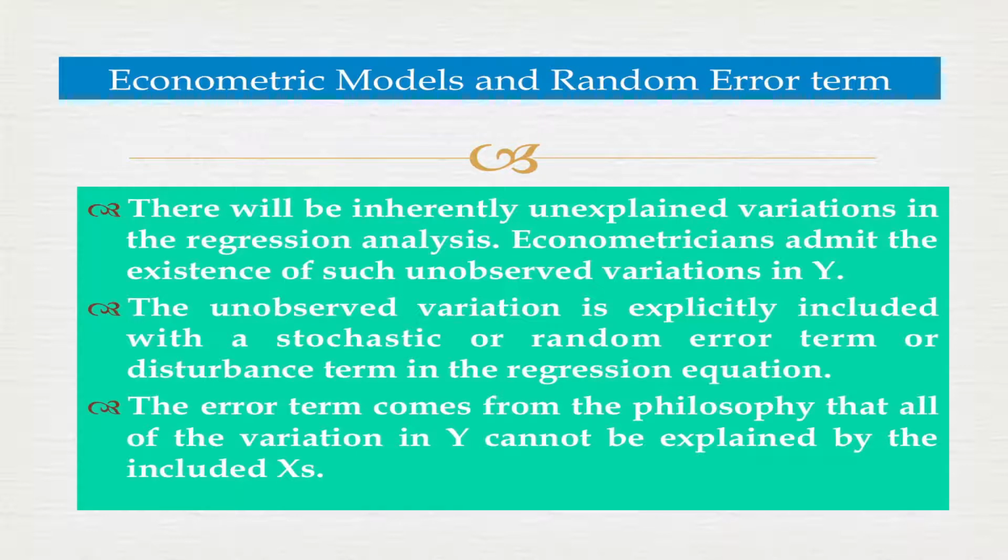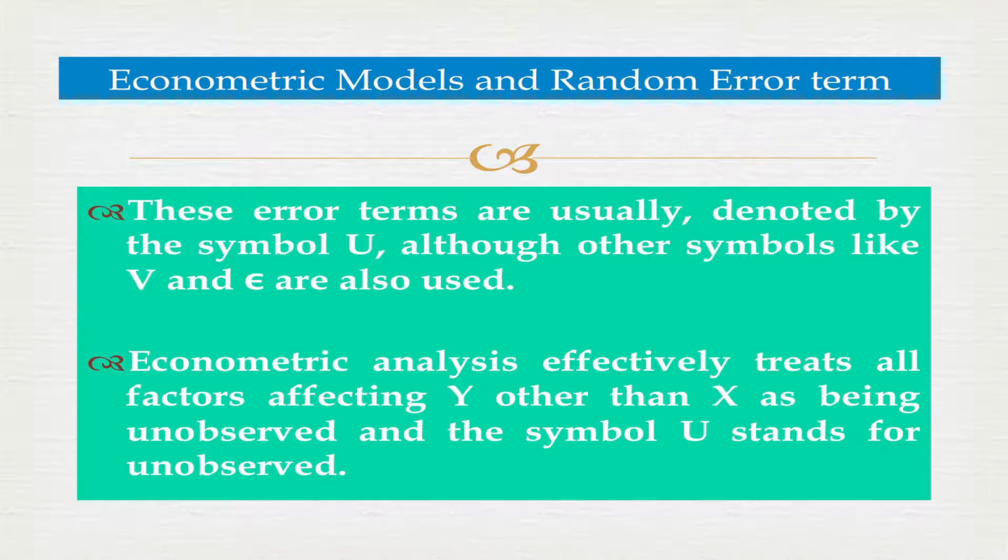The error term comes from the philosophy that all the variations in y cannot be explained by the included x's alone. These error terms are usually denoted by the symbol u. Although other symbols like v and epsilon are used, u is the most popular symbol.